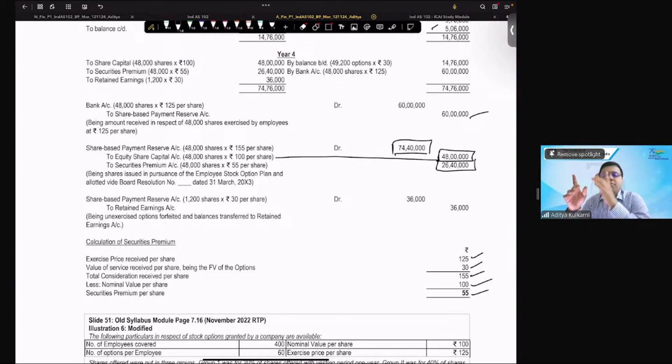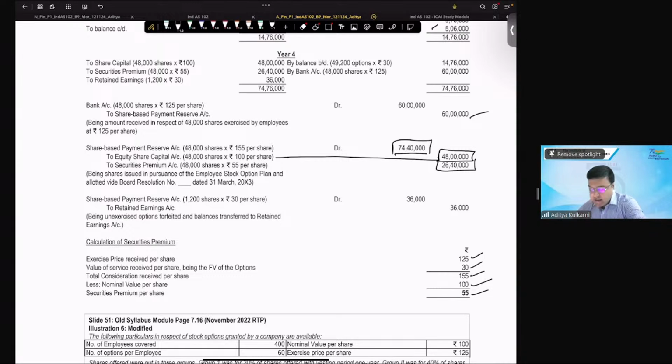Is he giving something extra? He worked for 3 years in the company, so there has to be a value of that. The value of that is 30 rupees. So the employee has paid cash of 125 and 30 rupees by being in service for 3 years, and therefore the total value is 155.